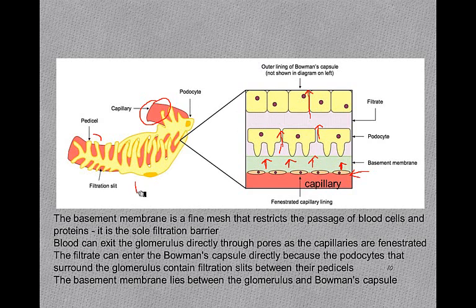So at any given point in time, you have a glomerular filtration rate of about 125 milliliters per minute, based on that 1 liter of blood that's coming into your kidneys. Okay.